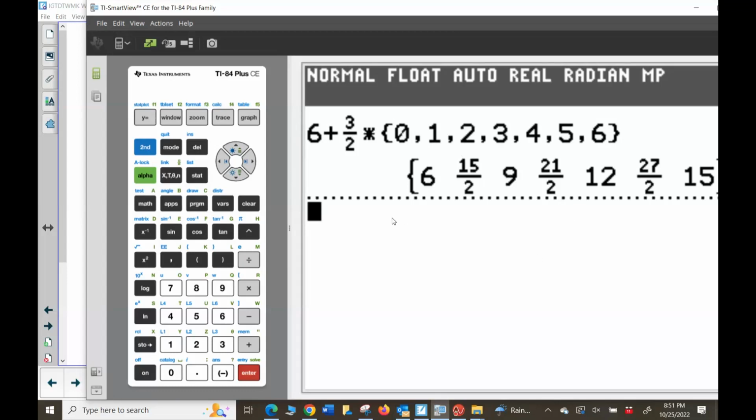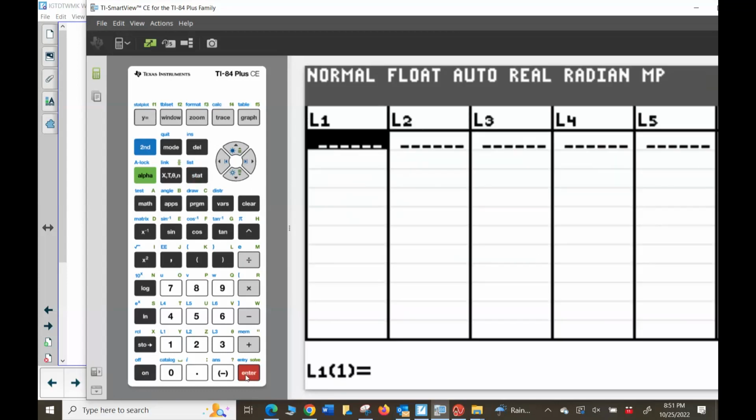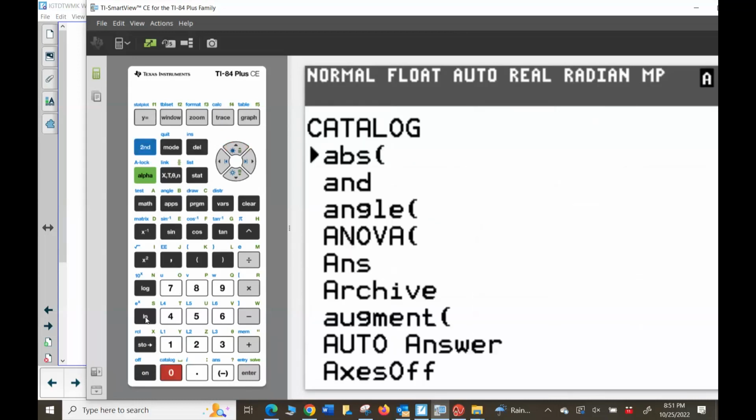To really hit them hard with that, I can go to an actual list. Let me go ahead and list one, put in like 50 numbers. I'm going to use the sequence command here that I'm going to get from the catalog.